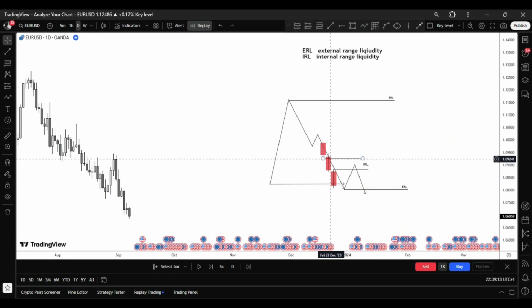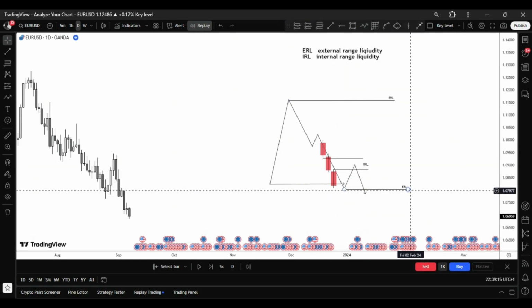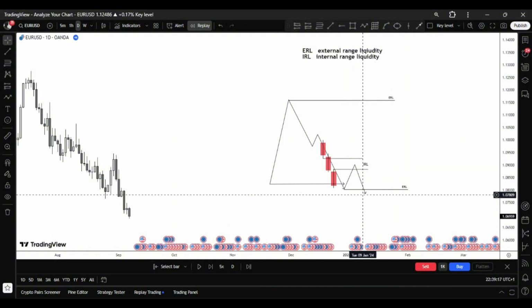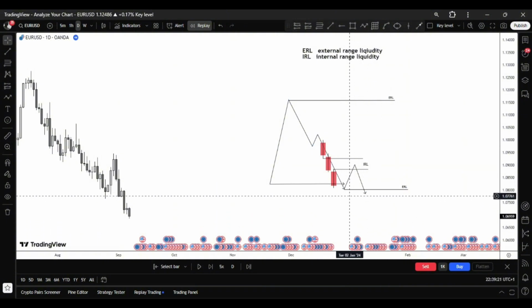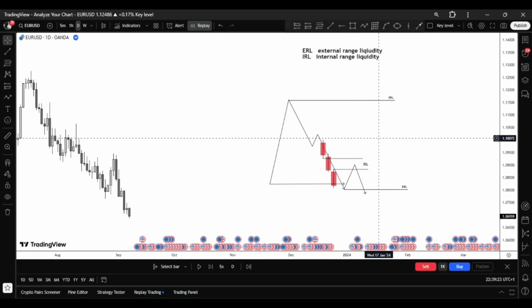You wait for price to break out of your external range liquidity, and I will not advise that you take a trade targeting your internal range liquidity.